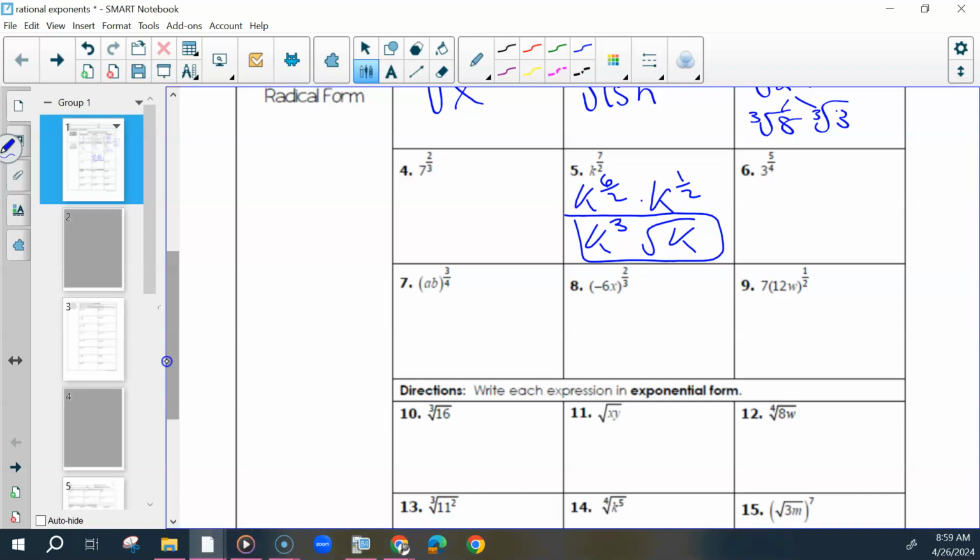What is the number in the denominator? 4. So it would be a fourth root. And then how would I write the rest? All in parentheses.